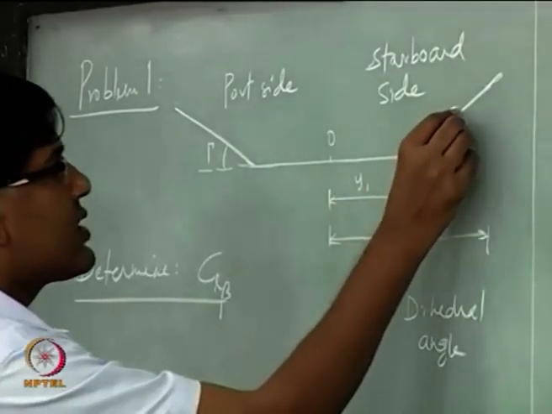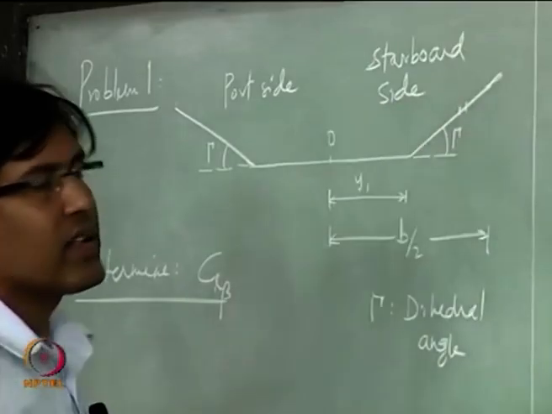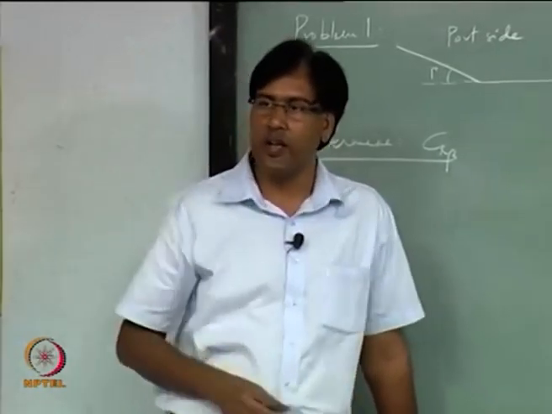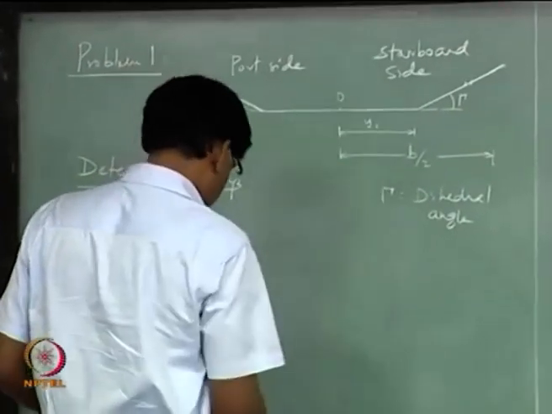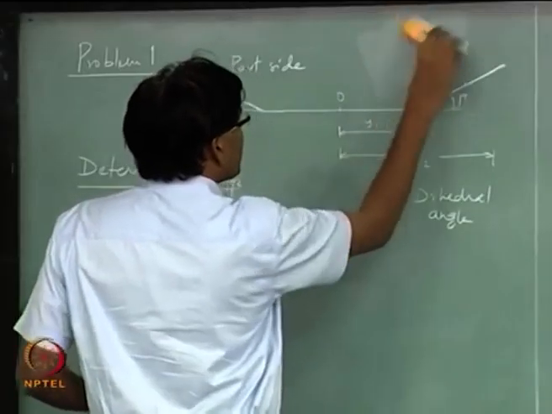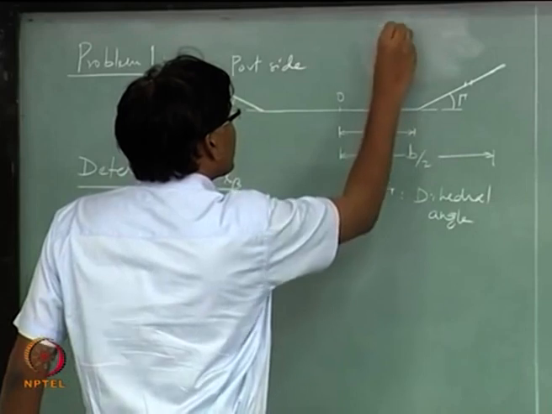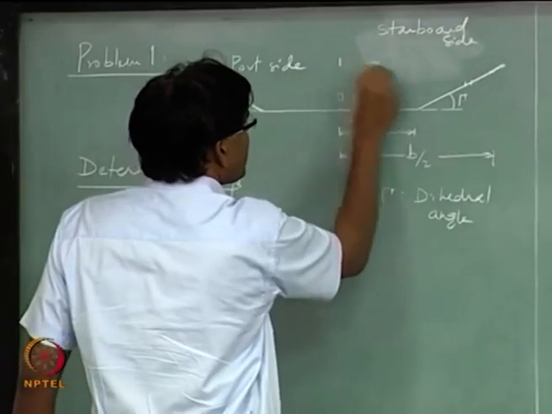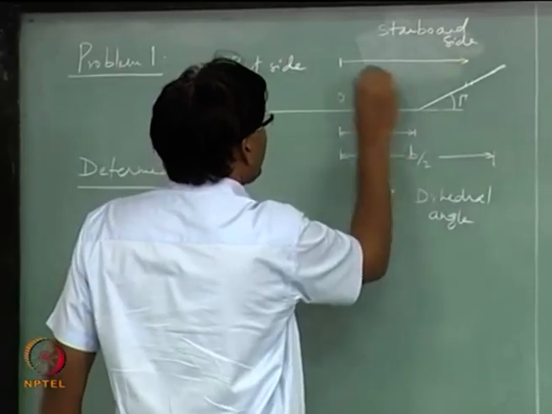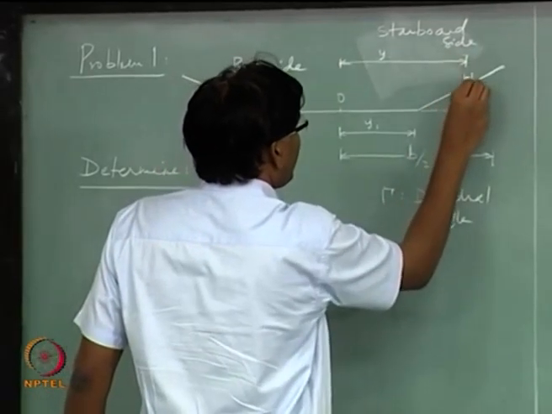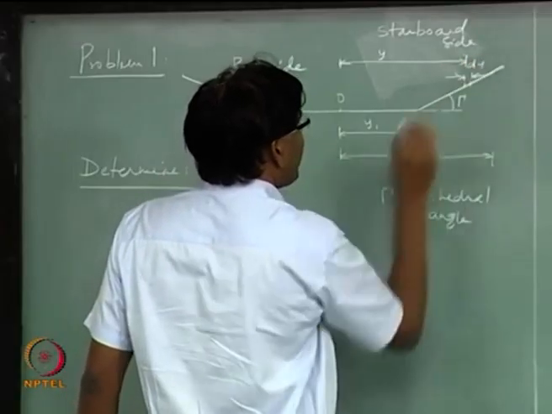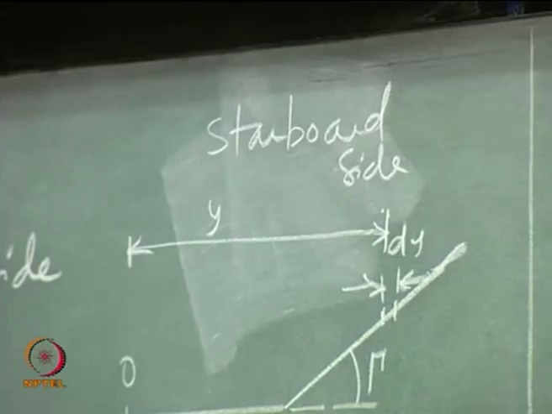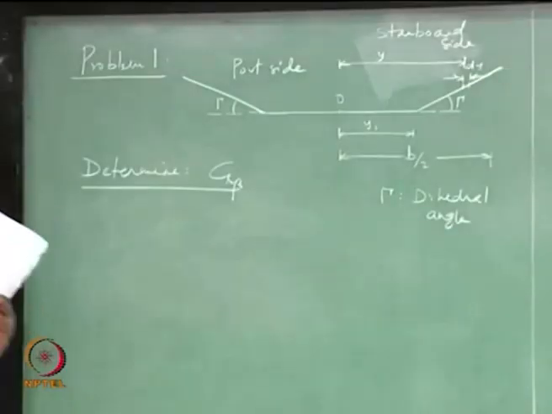Let us consider this small airfoil section on the wing which is at a distance y from this center line, and let us assume that there is a rectangular wing.